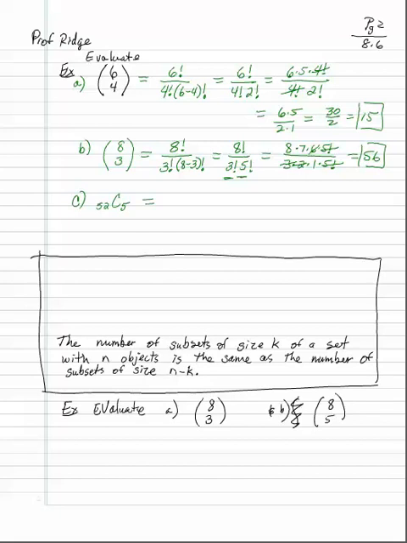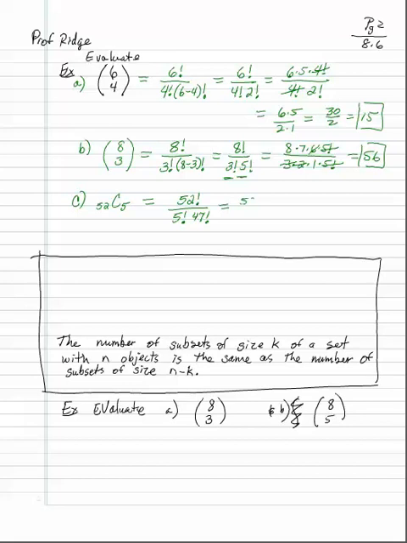Now we're going to do 52 choose 5. It's the same thing, just the other notation. So I'm going to go 52 factorial over 5 factorial times 52 minus 5, which is 47 factorial.